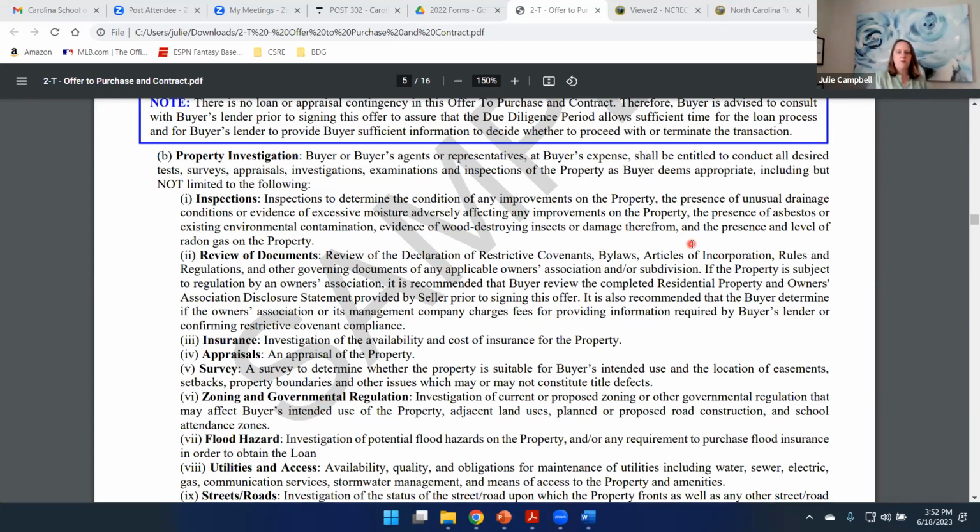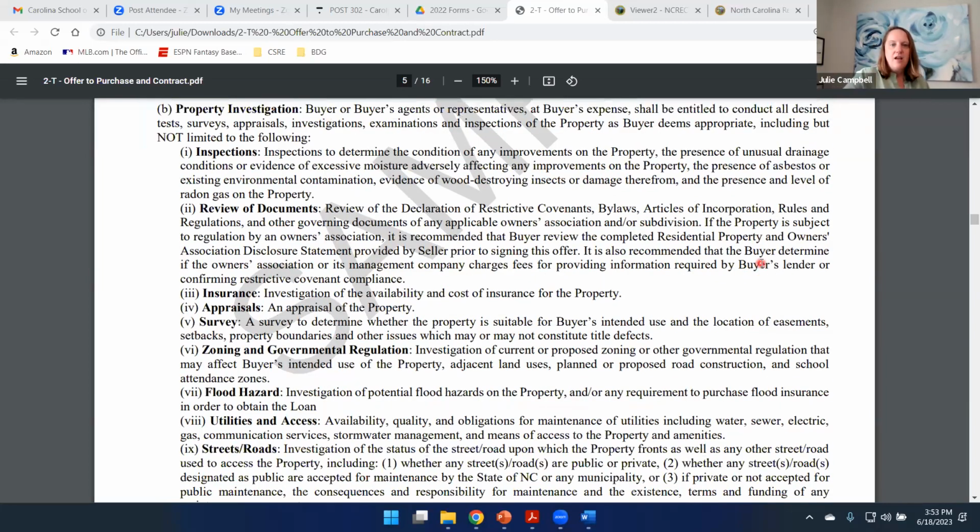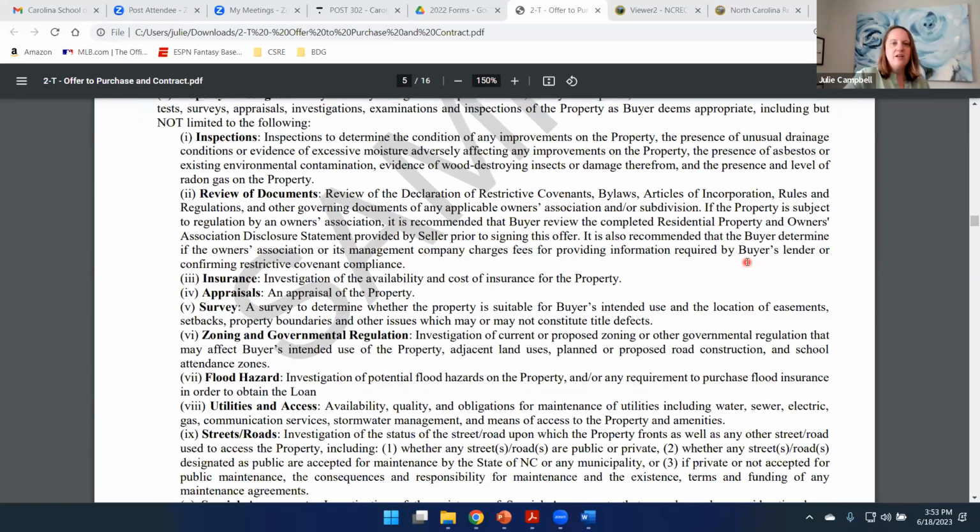Talking to the buyer about their property investigation. Buyer or buyer's agents or representatives at the buyer's expense. Remember, the buyer's going to pay for any property investigation during their due diligence, shall be entitled to conduct all tests, surveys, appraisals, investigations, examinations, and inspections on the property as the buyer deems appropriate, including but not limited to.